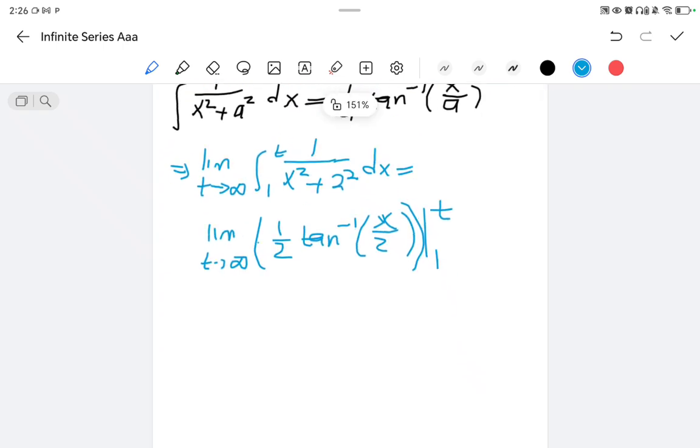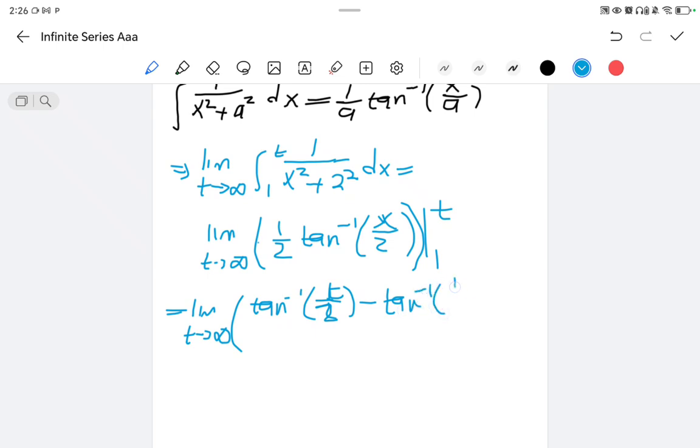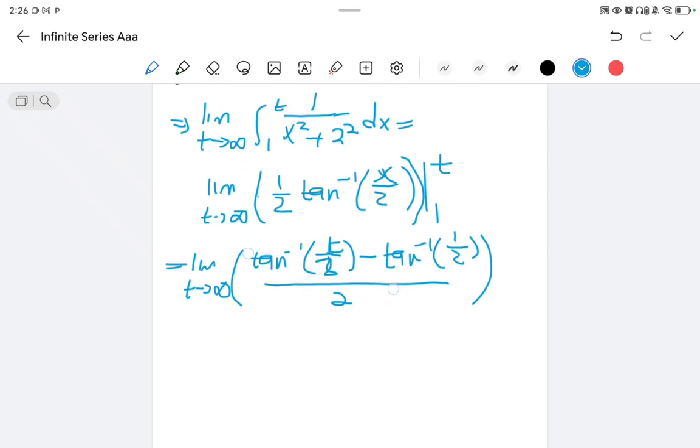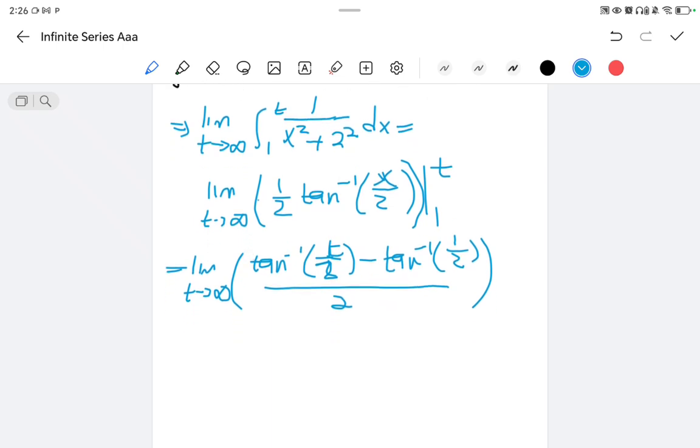Then I can write it here with the limit as t approaches infinity of arctan of t over 2 minus arctan of 1 over 2, all over 2. We agree here, right?